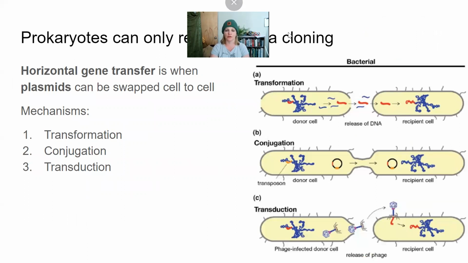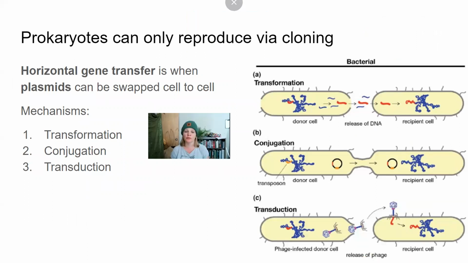Prokaryotes can only reproduce through cloning. However, they can introduce some genetic variation through horizontal gene transfer. We can take that plasmid and swap it with another individual. There are three main ways that horizontal gene transfer can occur. It can be through transformation, just like we did with this.